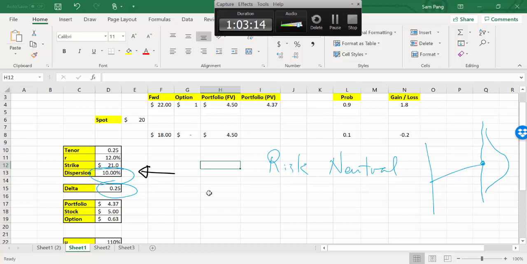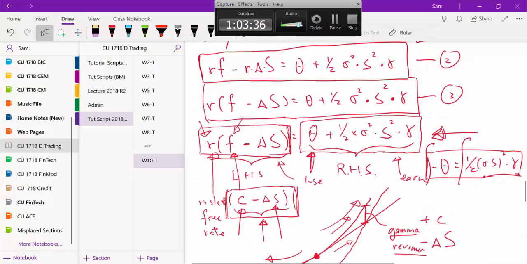The assumption here is that my dispersion is correct. If, and only if, my dispersion assumption is correct, which is to say it only goes to 22, it only goes down to 18, then this option is correctly priced. It's exactly the same as saying, if my implied vol is correct, and you would never know, but finance is all about assuming something before it happens.